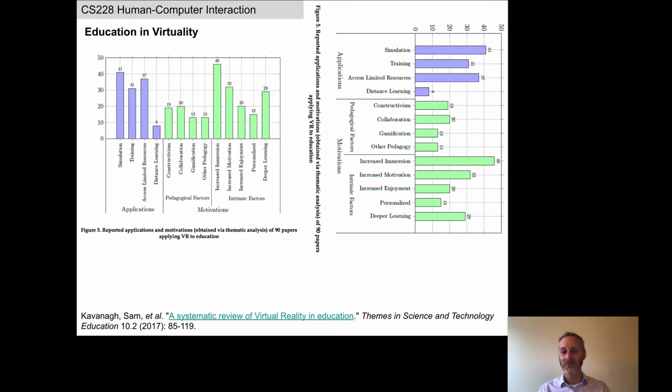Okay. The next thing they looked at in this set of 90 papers was motivations, the why of virtual reality. Why would you use it? One reason, obviously, is because it's a cool and emerging technology. As we talked about in impact analysis, we want to think about what teachers and students want to accomplish in an educational setting, rather than focusing on what the technology could do.